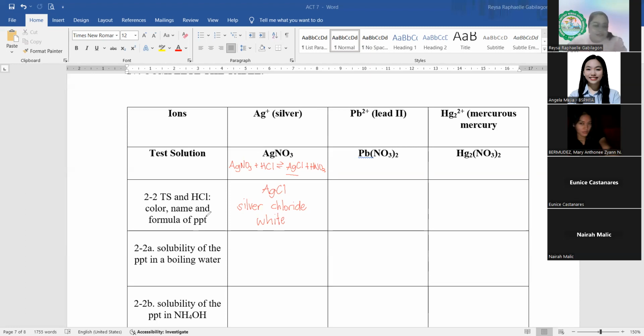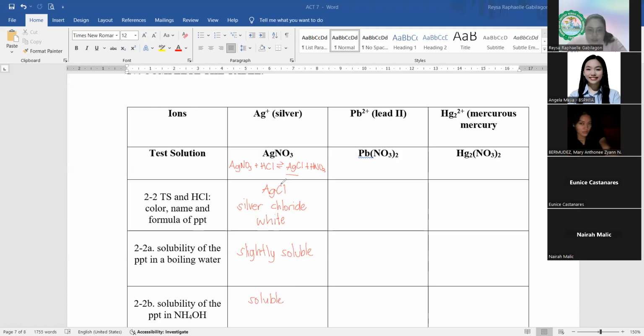Now, the solubility of the precipitate in boiling water. Kindly check your observation if it matches the correct answer. This silver chloride is just slightly soluble in boiling water or hot water, but it is soluble in ammonium hydroxide.